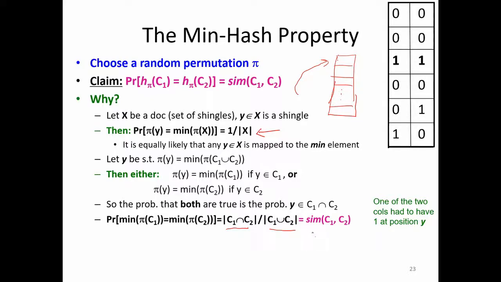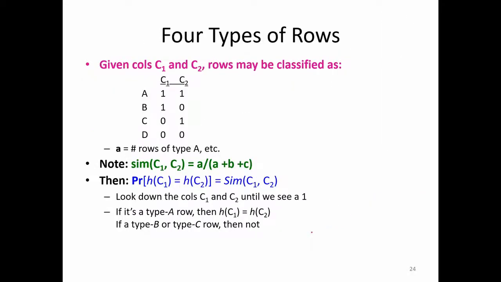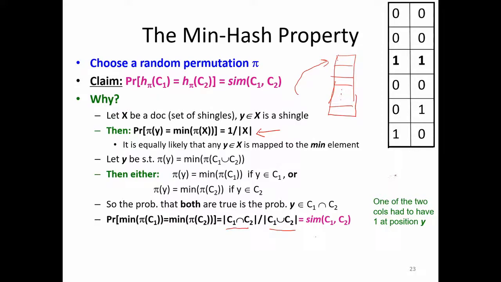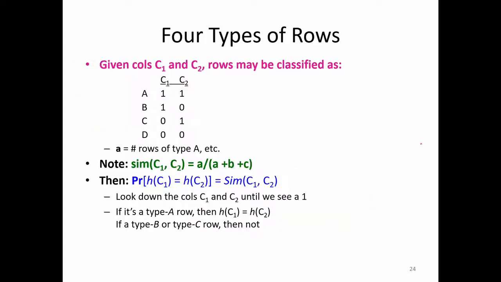In order to see this, look at this picture. You have C1 here and C2 here, column 1 and column 2. For the pair C1 and C2 you can have these four types of rows: type A, type B, type C, and type D rows, and there are many of these rows.